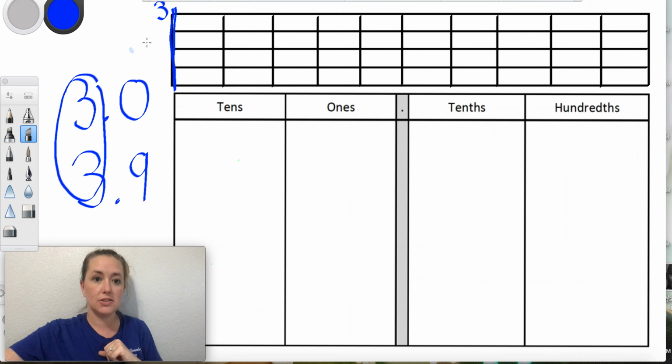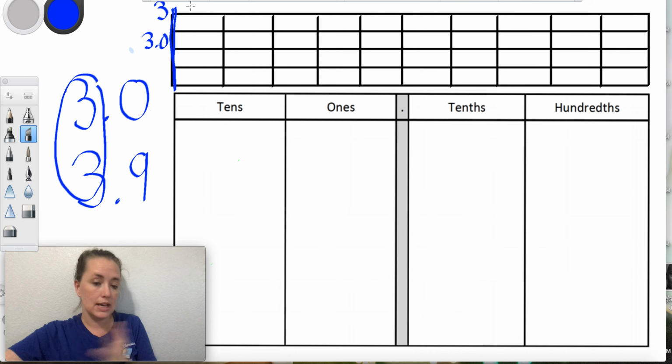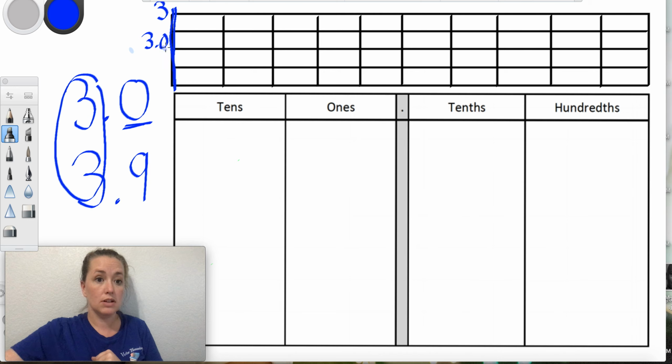Okay, if I'm going to do, actually, no, I want this one. Just 3. Okay, well, how many tenths should I shade in? 0. I don't have any. So, I'm not going to shade anything in because I don't have it. Now, let's compare it to 3 and 9 tenths.